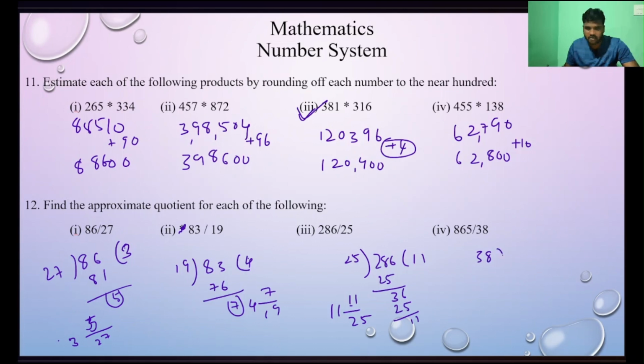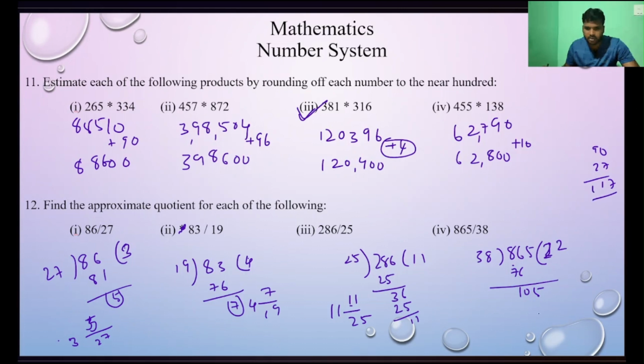So 38, if you take 865. Let's take 2 times. 60 plus 16, 76. So 2 times, let's take 2 times, 76, right? 105, 3 90, 90 plus 27, 7 and 11 here. One sum, so not possible.